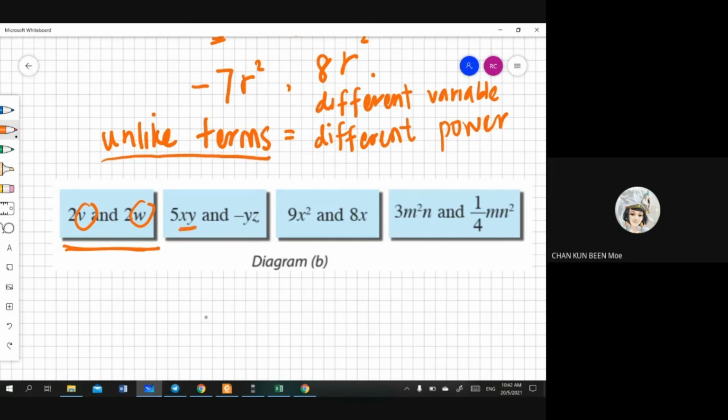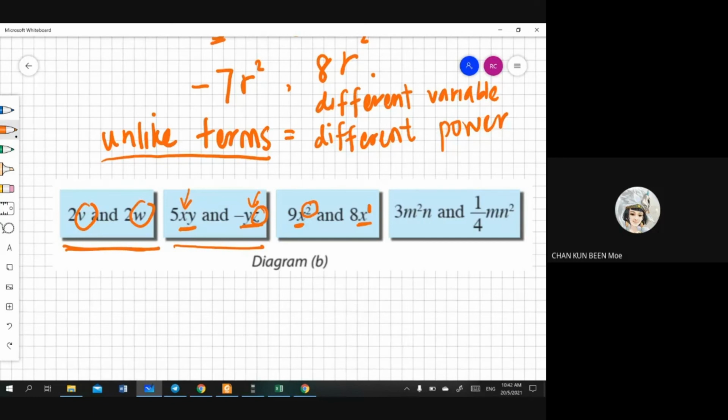XY and YZ. This one has X, this one has no X, but they have Z over here. So it's different. Therefore, they are unlike terms. Next, both have the variable x, but the power for this is 1 and the power for this is 2.